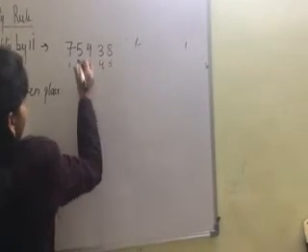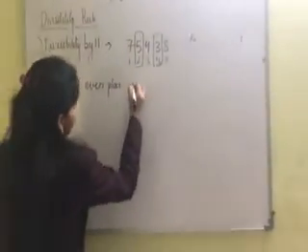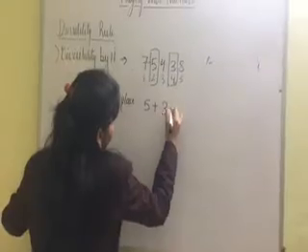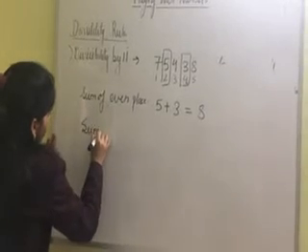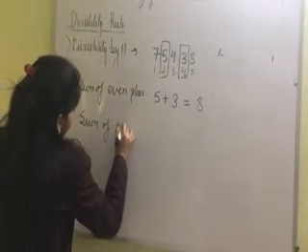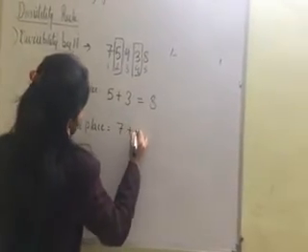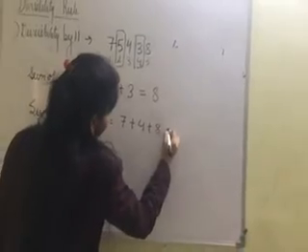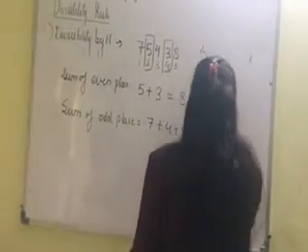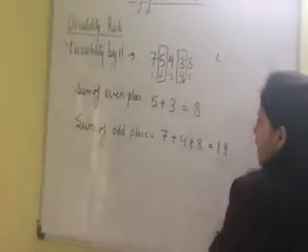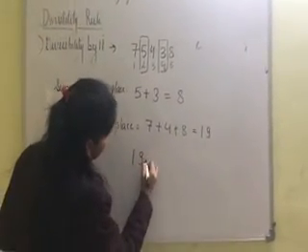These are the places, and the sum of even places is 7 plus 3, which is 10... Sum of digits at odd places is 7 plus 4 plus 8, which will be 19. Now you have to subtract, odd place minus even place, means 19 minus 8.